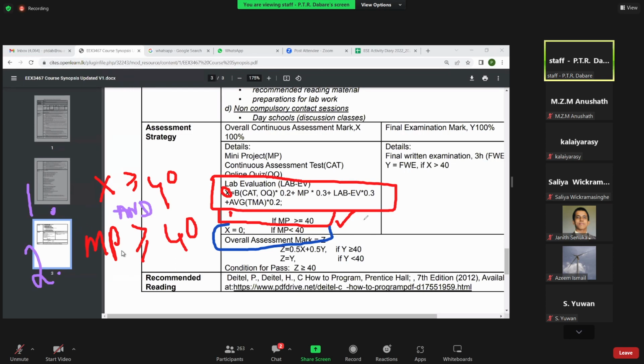Okay. So if this is the case, if you are a repeat student, what are the consequences? You will have to do the course next year. What do you mean by that? First, you have to pay for this course again. Then you have to do all activities. That means sit for all the lab tests again, sit for the CATs, do the assignments, and again the mini project as well.